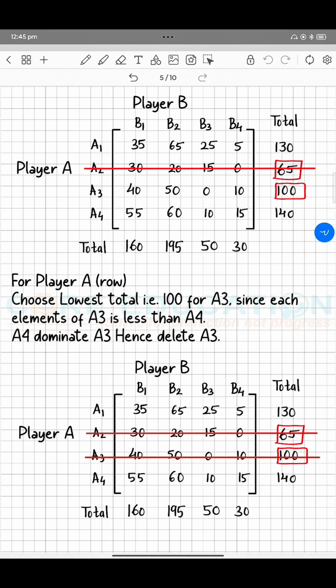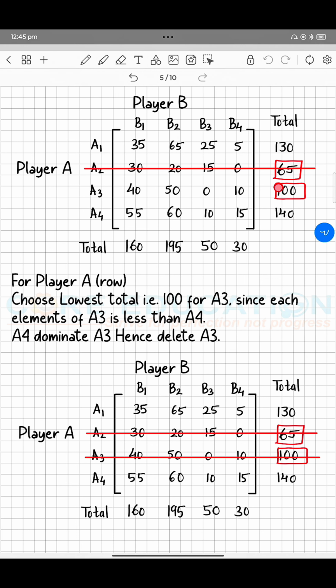Coming to the next, the minimum total among the rows is 100, which is for A3. So compare each payoff entry of A3 with the other rows. Here we can see 40 is less than 55, 50 less than 60, 0 less than 10, 10 less than 15, which means A4 dominates A3.